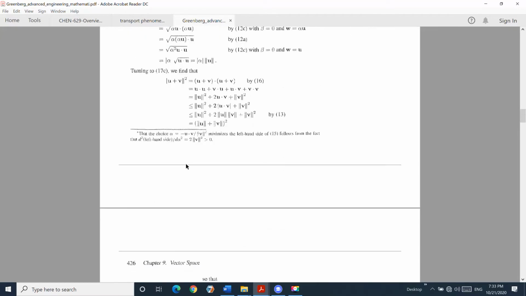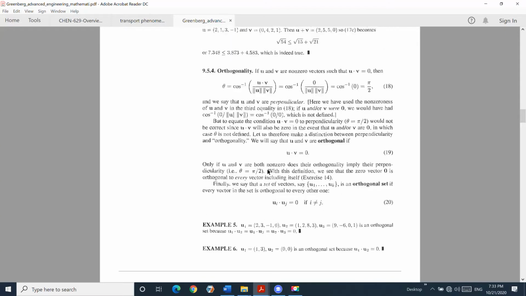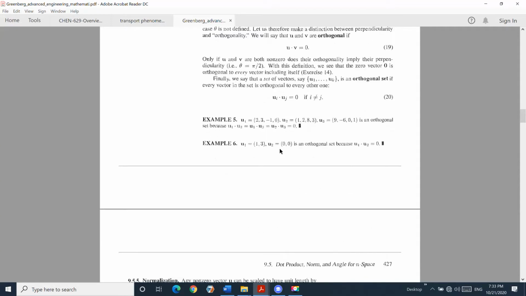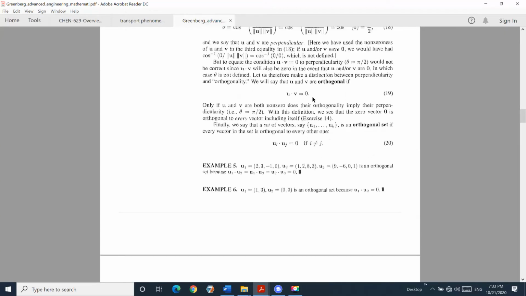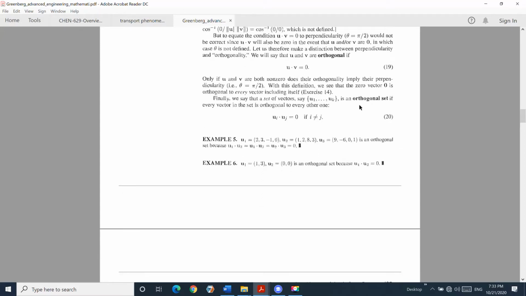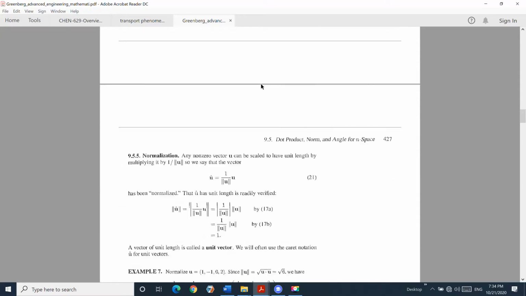You see, it gives the definition of orthogonality: two vectors are orthogonal to each other if the dot product of these vectors is 0. So an orthogonal set is, let's say you have the set u1 to uk. If the dot product of these vectors with each other is 0, then you have an orthogonal set. Let's give some examples here.